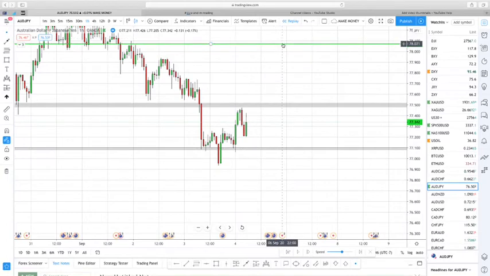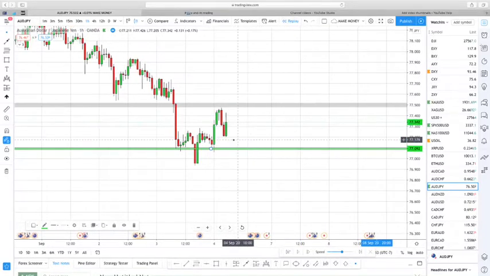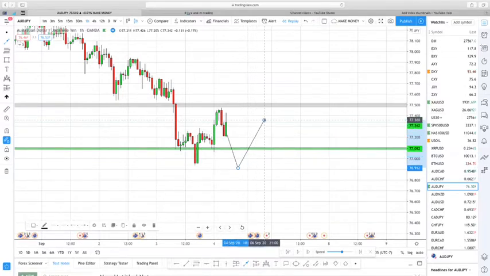So let's move our entry point down to here. We are expecting price to come past your entry point and then come back up, triggering you into the trade here. That's what we're waiting for.